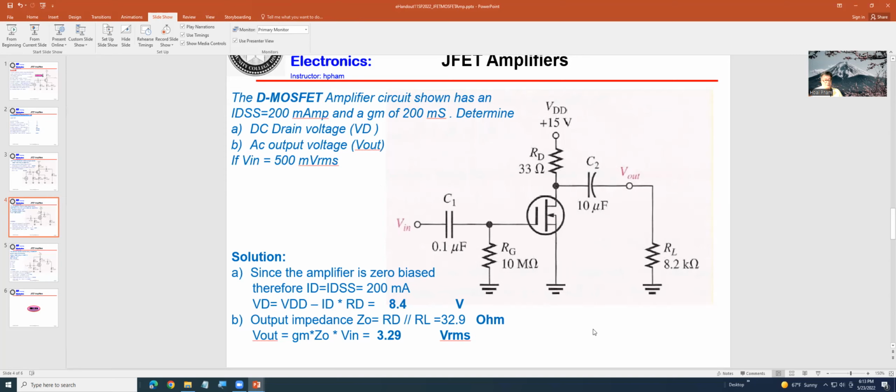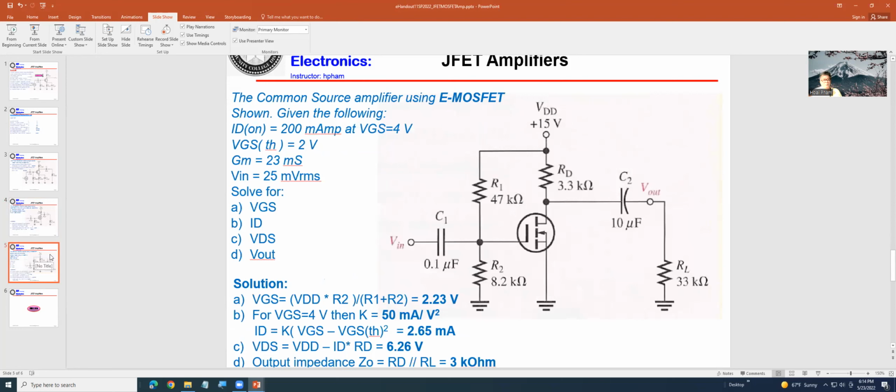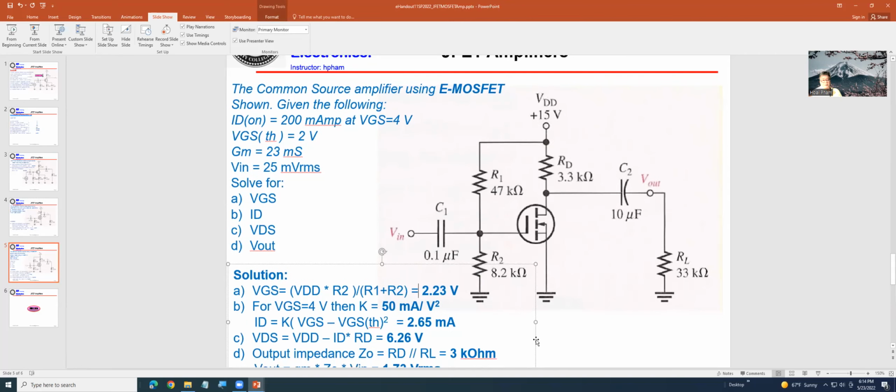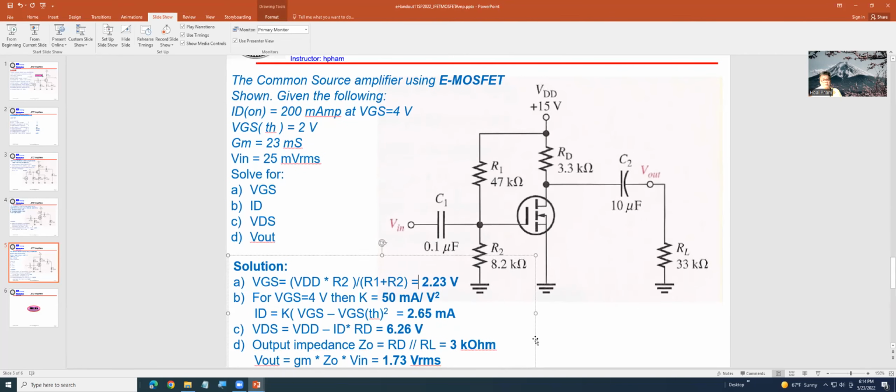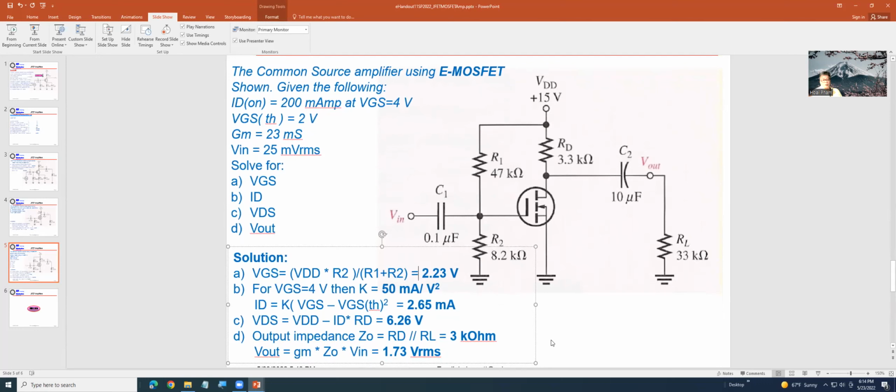Okay, any question? Otherwise, the last one. That also I give you the solution. You do your calculation to see if you can get the same answer as I did.